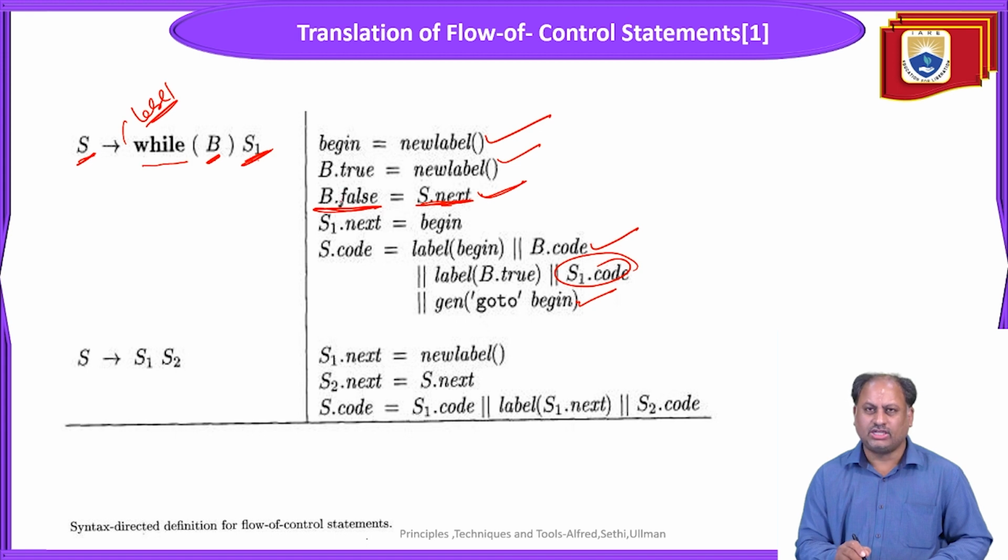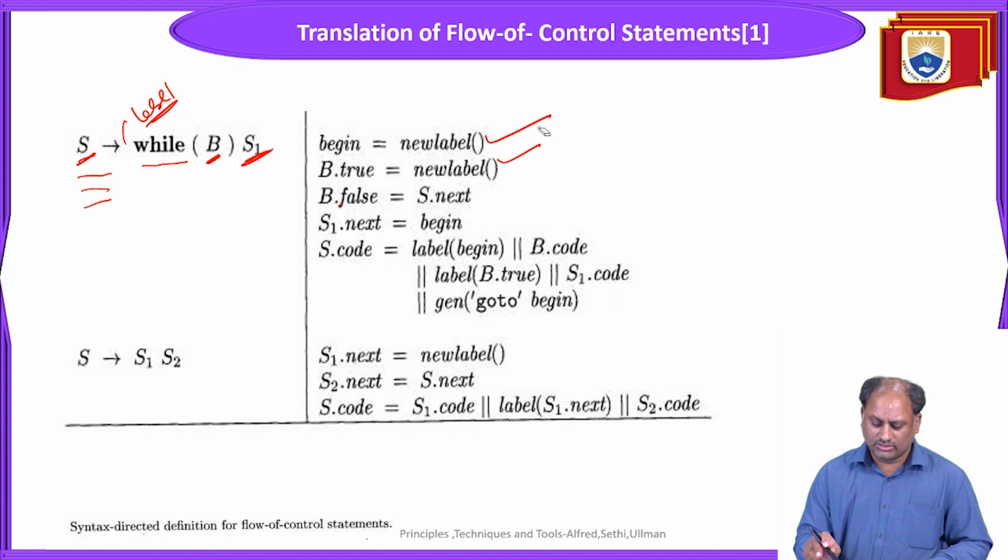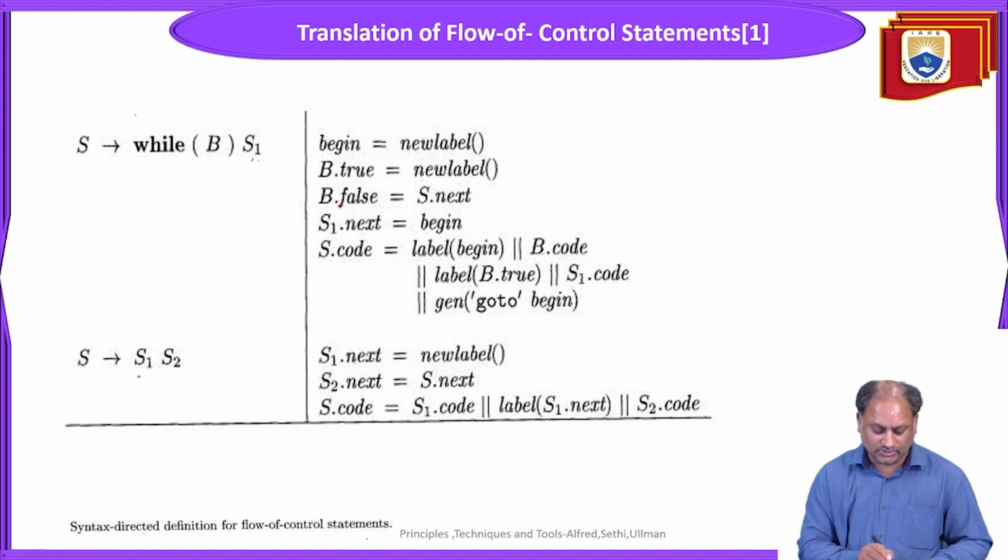S.next is assigned to B.false. So it executes the next statements following S, that means the continuation of S, and then the code continues with the remaining statements. We can also have a simple flow of control statement like S1, S2.